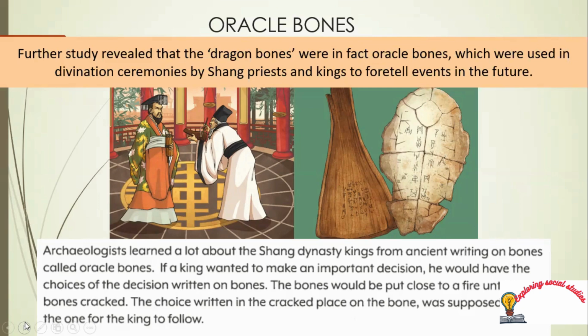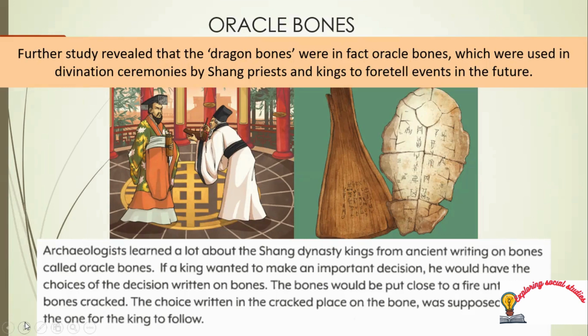If a king wanted to make an important decision, he would have the choices written on a bone. The bones would be put close to a fire until they cracked. The choice written at the cracked place was supposed to be the one for the king to follow.